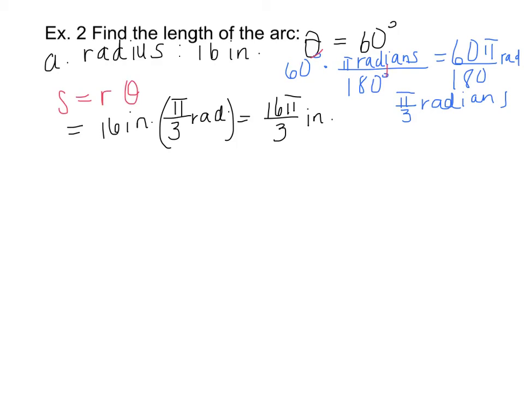And then if they want you to give the approximate answer, of course you would just put that in your calculator. And usually they'll say 2 decimals. So that would be approximately 16.76 inches.